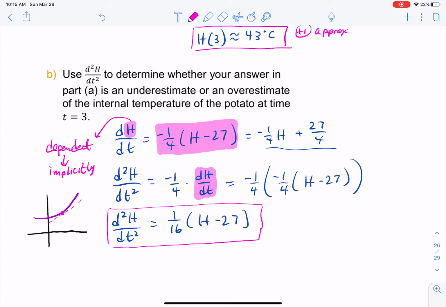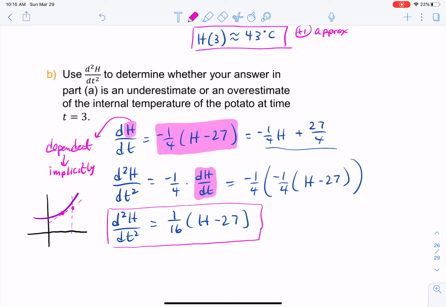And so we're trying to see, whenever I step away from that particular point, did we over or under approximate this value of this function? And it's based on concavity. It's whether or not the graph bends upwards away from your tangent line or downwards away from your tangent line. And concavity, we're going to get that information from the second derivative. That's the whole reason why they told us to find the second derivative.